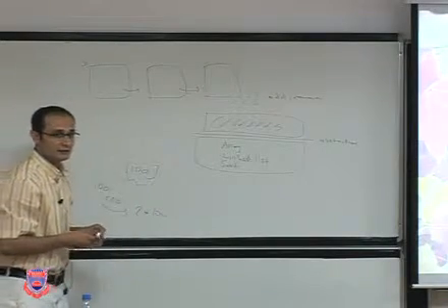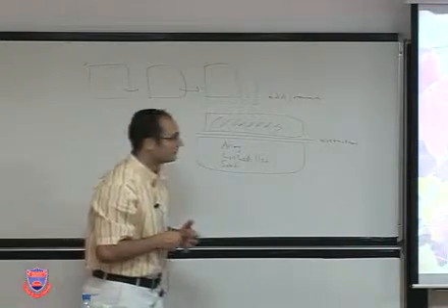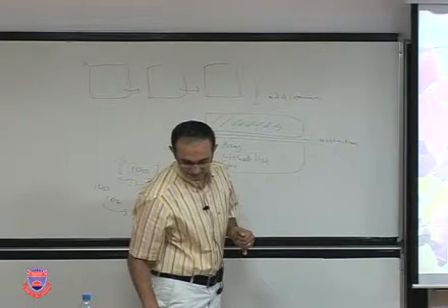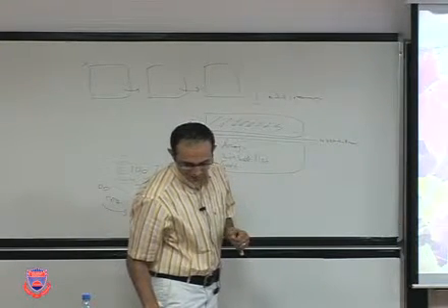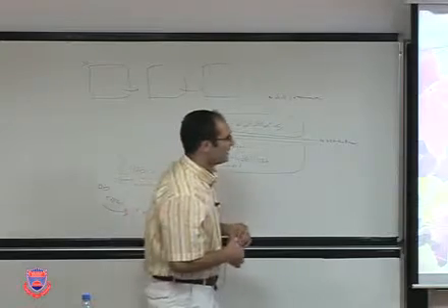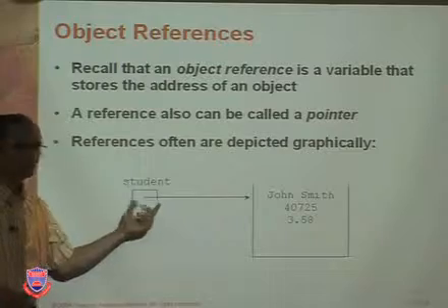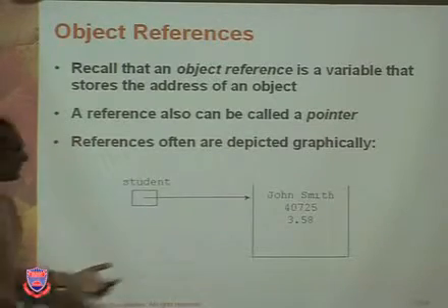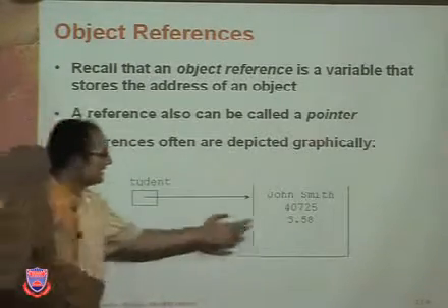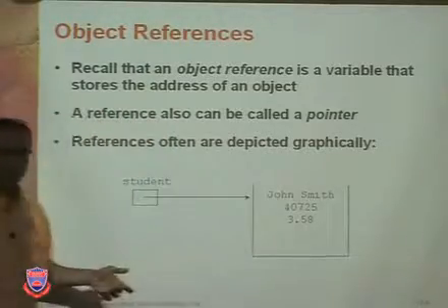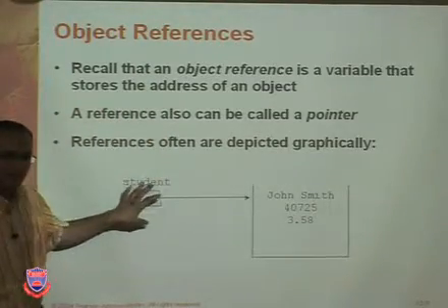We will see the linked list features shortly, and it will be clearer what I mean by the dynamic data structure. If you remember, in Java what we use is object references. So for example, if you have a student object which is composed of the name, the ID, and then the GPA for the student, you have a reference for the student.